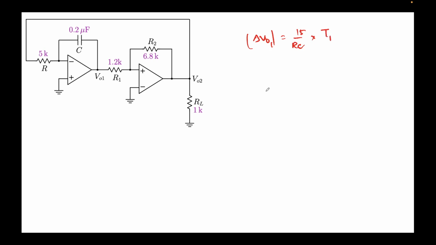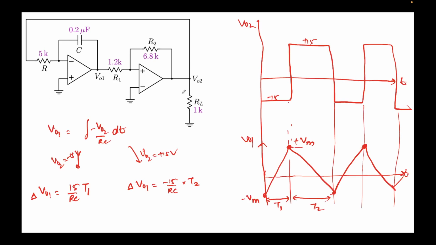And you can clearly see that the input swing that is happening for this is restricted to plus or minus 15 volts. So V01 will also be subject to plus or minus 15 volts, because that is the limit that we are putting on op-amp 1 also. So Vm, whatever it is, will have to respect that value.